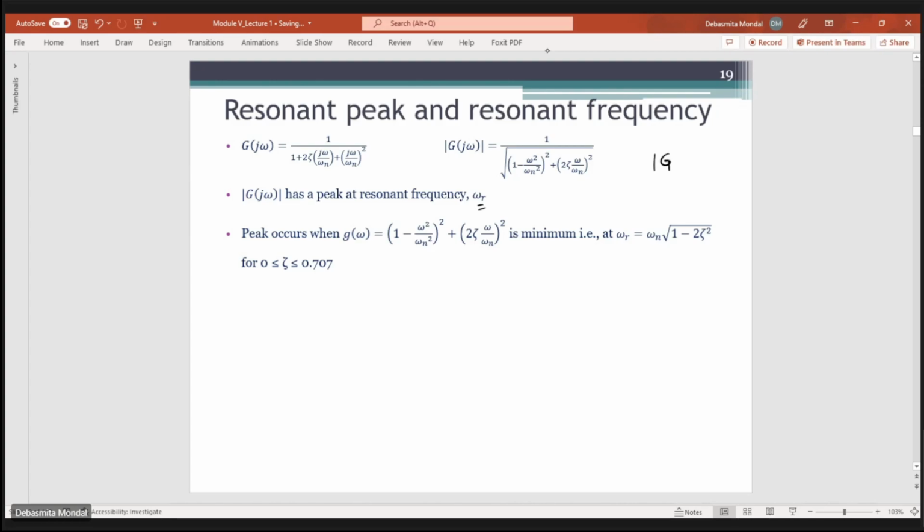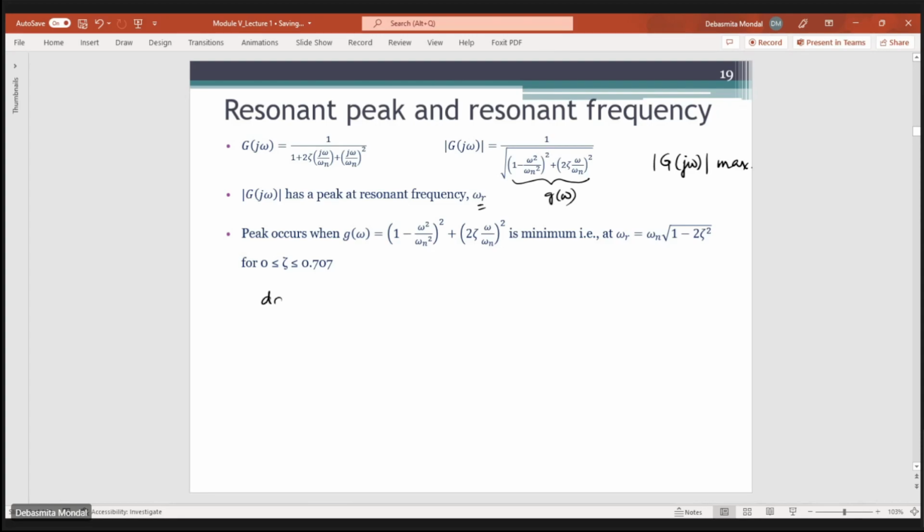If G(jω) has to be maximum, then the denominator has to reach a minimum. To find the minimum point, if you say that this part is given by g(ω), this part should be minimum.